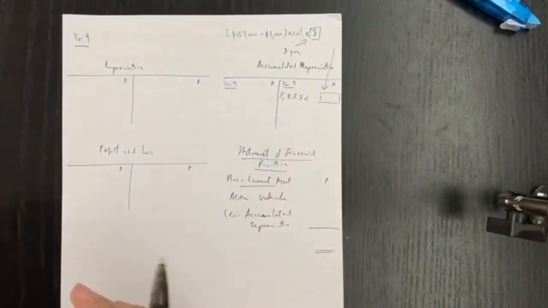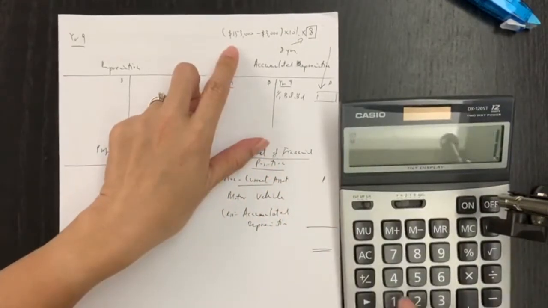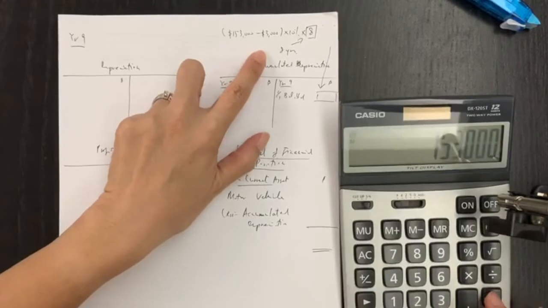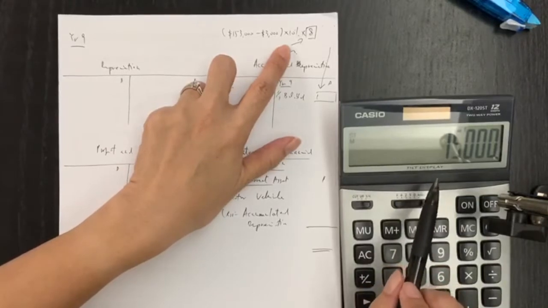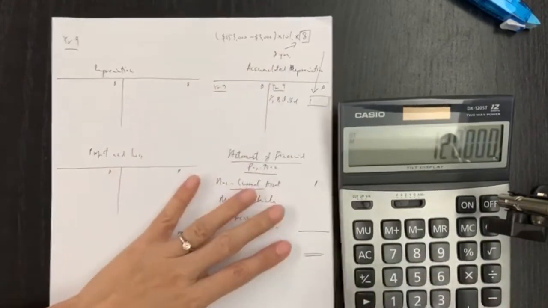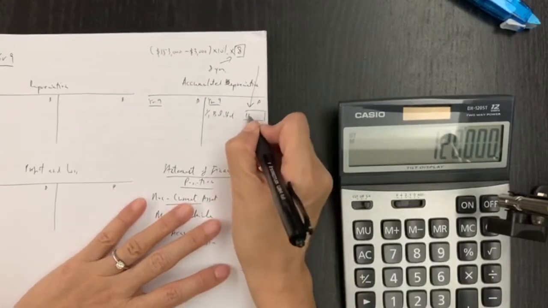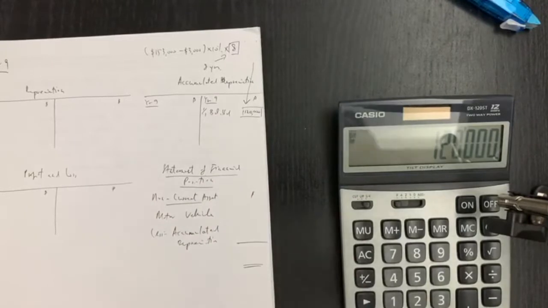Therefore, this is how I calculate the opening balance in year 9. So 153,000 minus 3,000 times 0.1. So each year, the depreciation is 15,000. Now, it has been used for 8 years, so times 8. So I have this 120,000 to begin with.